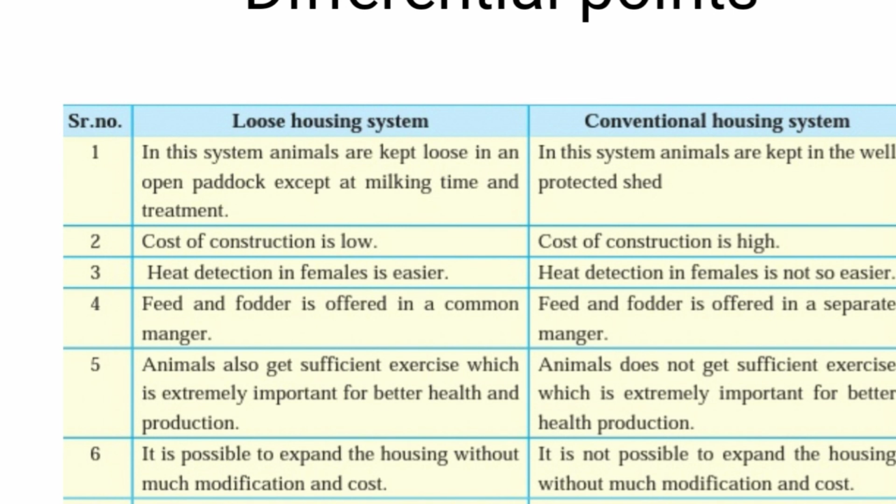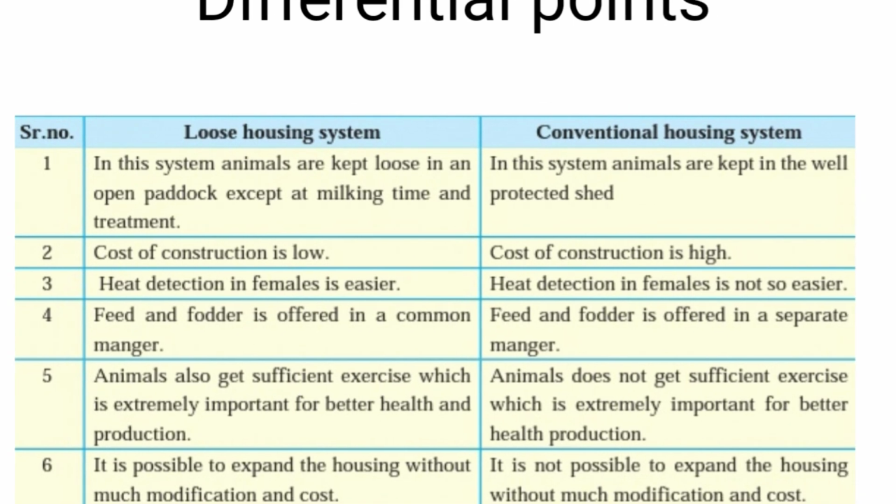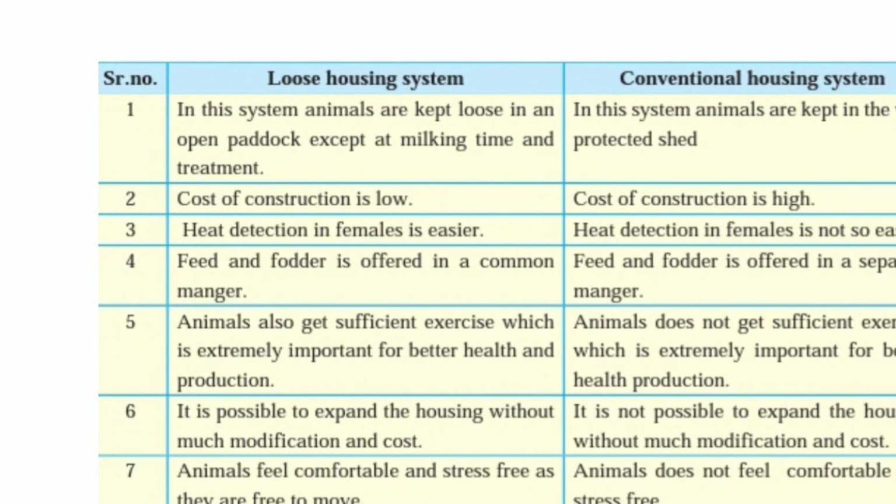The first one is, in loose housing system, as you know, the animals are let loose inside the campus. Complete shelter is not provided to the animals. The cost of construction is less in loose housing system, it is more in conventional housing system.